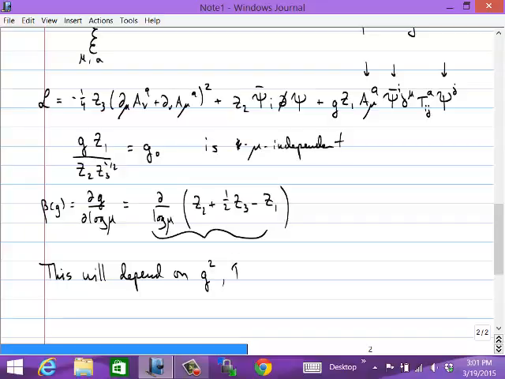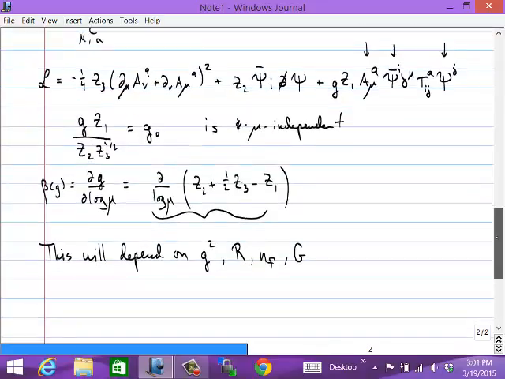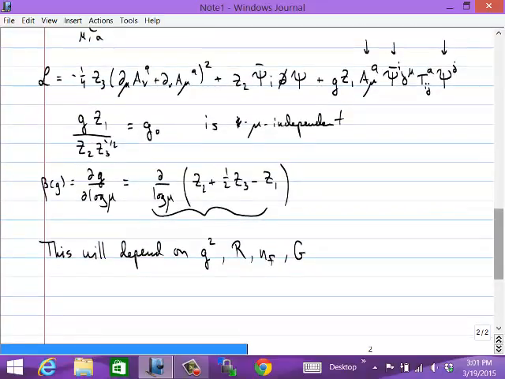It will depend on our choice of representation R for the matter fields, the number of matter fields, as well as, of course, the choice of gauge group G. And in particular, what we're going to find is that it depends only on some of the data associated with this representation R that you learned about last week when Richard gave a substitute lecture.